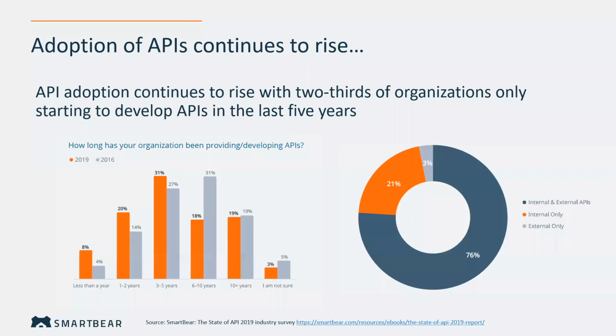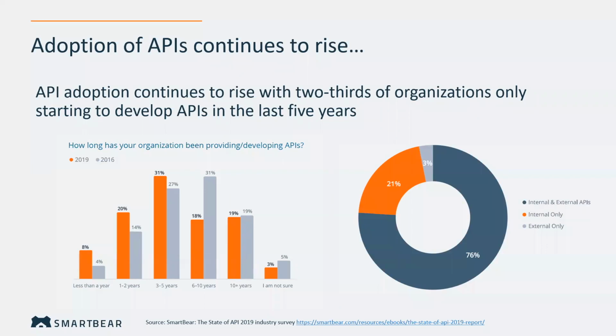So the 2019 State of API report saw a much higher percentage of early adopters than the 2016 State of API report, with twice as many respondents saying that they only began developing APIs in the last year. So again, this exponential growth in organizations who are starting to see, we should probably be working on our APIs and trying to monetize our APIs and trying to turn them into some kind of a platform instead of just having all these monolithic services that we might only be using internally or for our own internal systems.